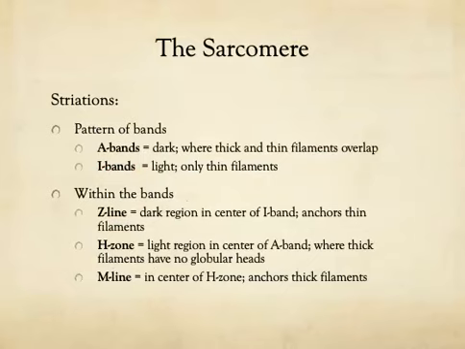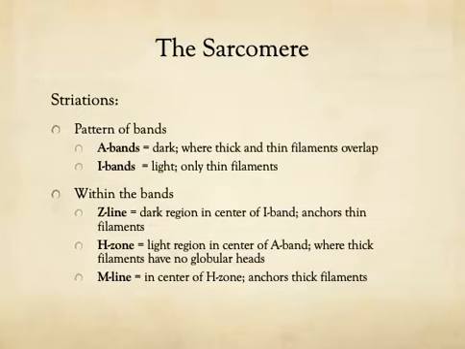Now, the scientists who first discovered the sarcomere and the patterning of thick and thin filaments noticed that underneath the microscope, the sarcomere had very particular patterns of banding within it. And they described that banding using some very simple lettered language.